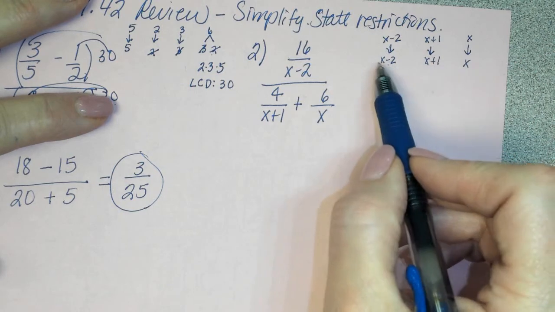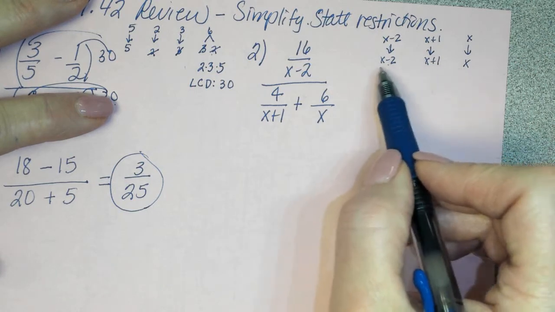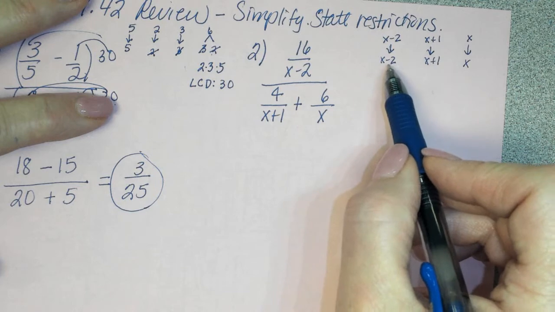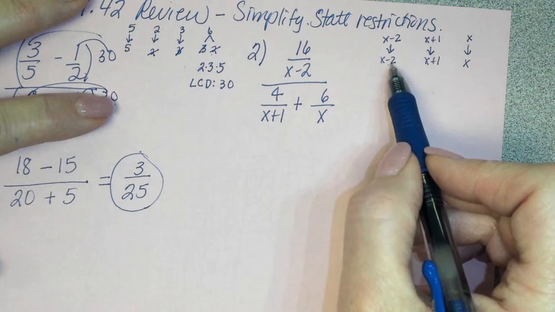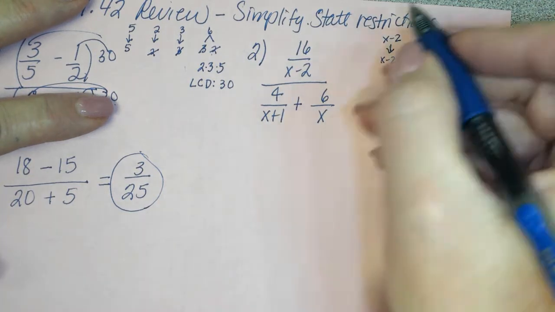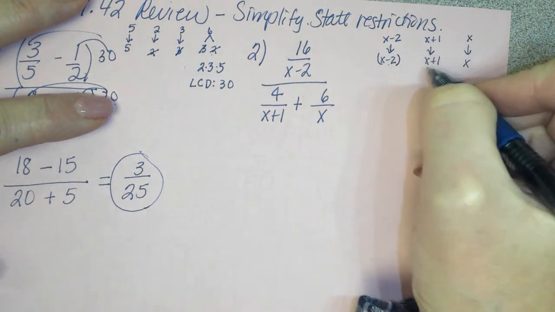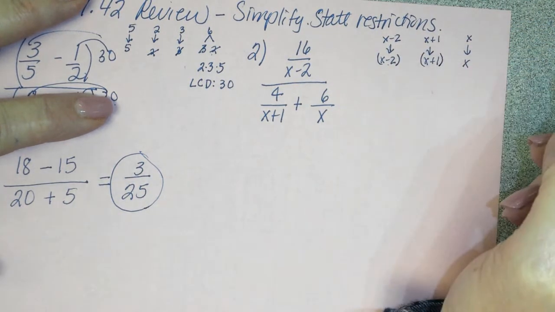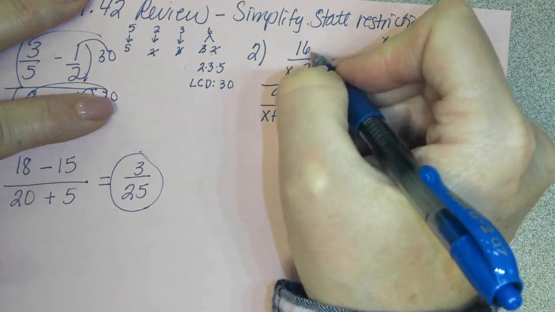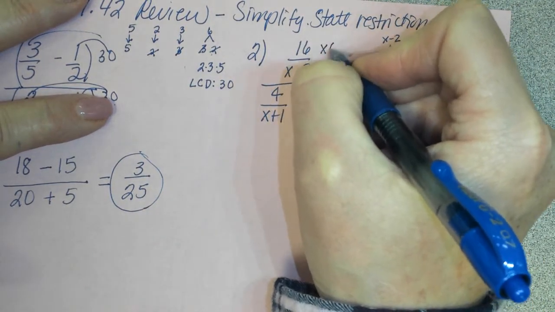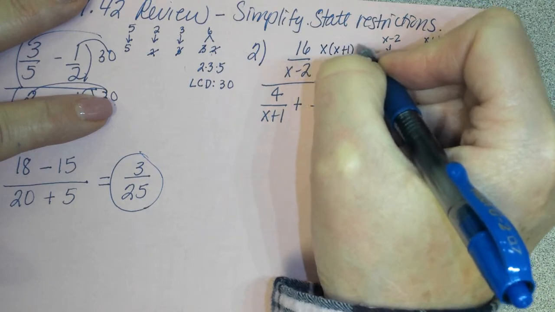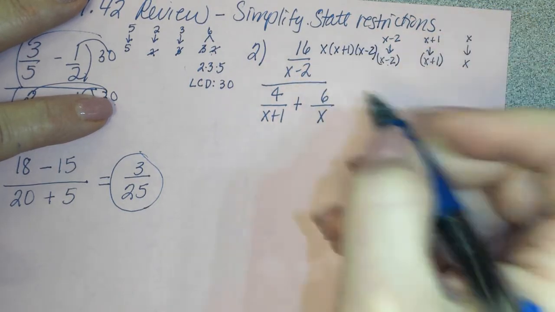People think that they have an x in common. They don't have an x in common. x is not a factor of this. The only factor of x minus 2 is x minus 2. The only factor of x plus 1 is x plus 1. So I have to multiply every term by x times x plus 1 times x minus 2.